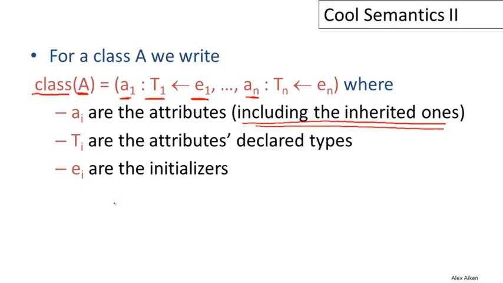And the rule is that attributes are listed in greatest ancestor first order. Okay, what do I mean by that?